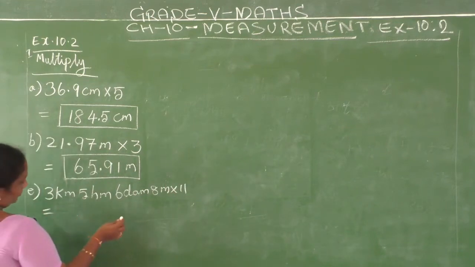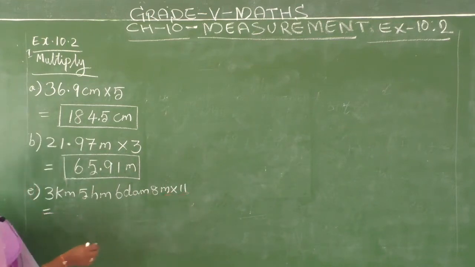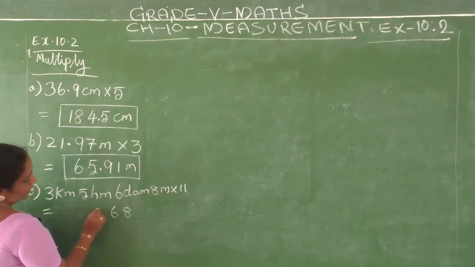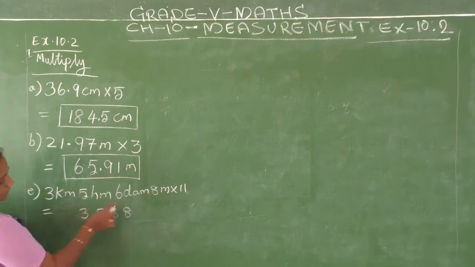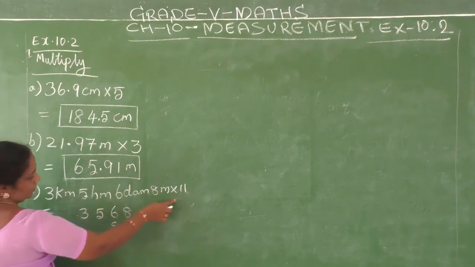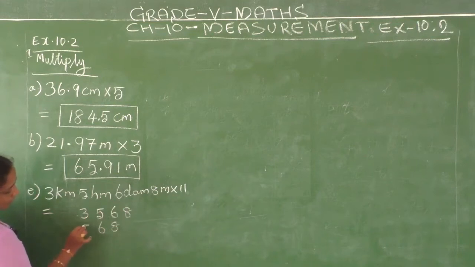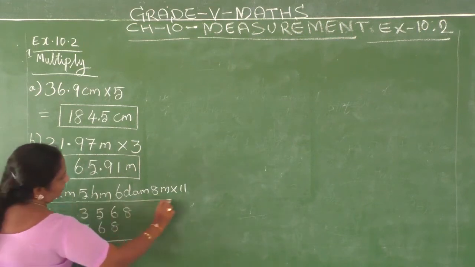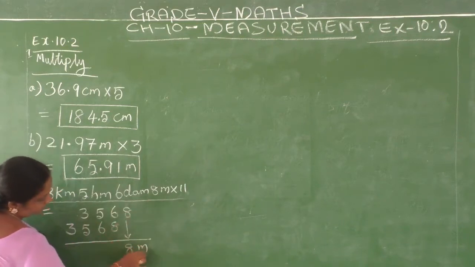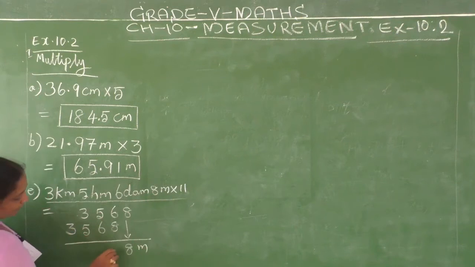It is a 2 digit number, so you have to multiply by 2 digits. 1 eight is 8, 1 six is 6, 1 five is 5, 1 three is 3. Then again next one, 1 eight is 8, 1 six is 6, 1 five is 5, 1 three is 3. 8 meter. 6 plus 8 is 14, 14 means 4, remaining 1, it's a decameter, dam.